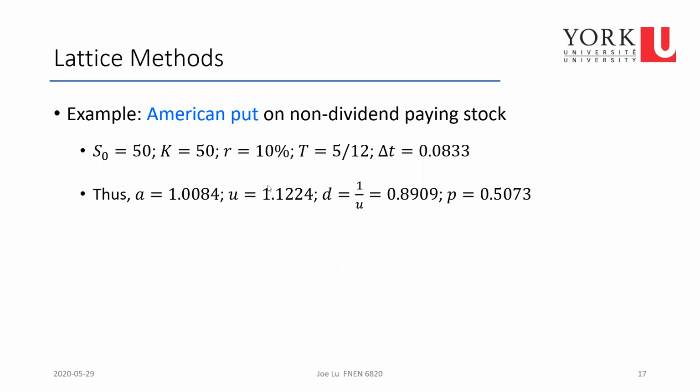But in any case, given the choice of U, and then with D, we can calculate a P, which is equal to 0.5073.